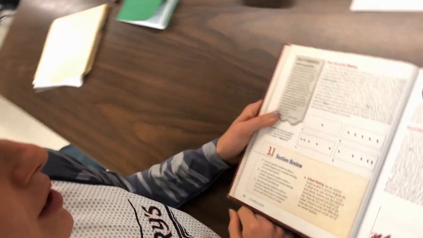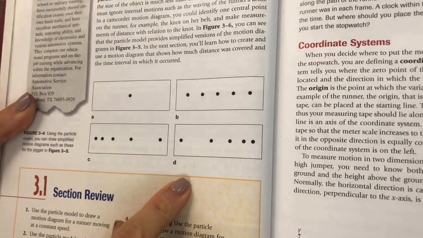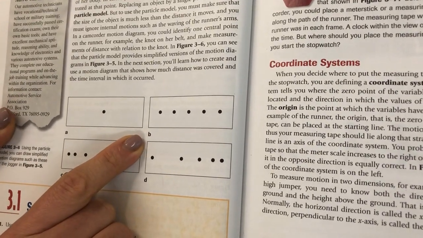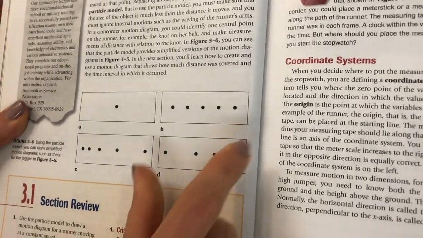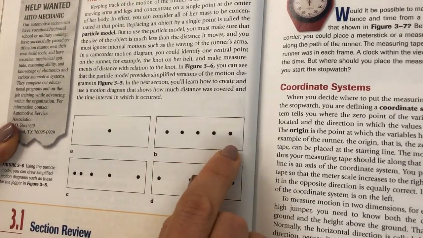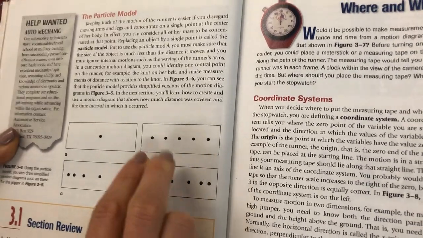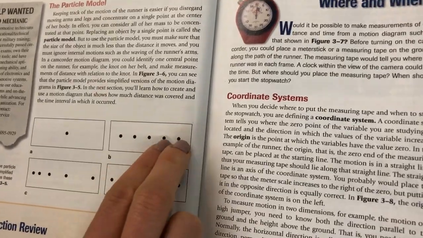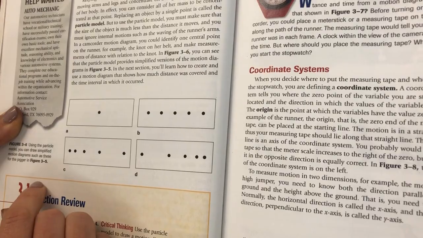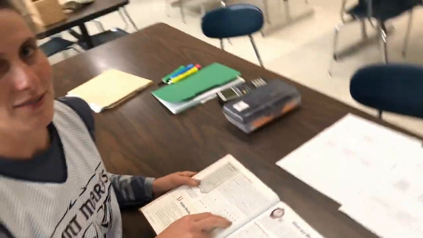So when we rolled the ball on the table, was it A, B, C, or D? I think it should be B, Miss Moore. You would be correct. Why is that? Given our time interval, we can see that the distance between each little dot during that consistent time interval is the same distance, which means it's moving at a constant velocity.